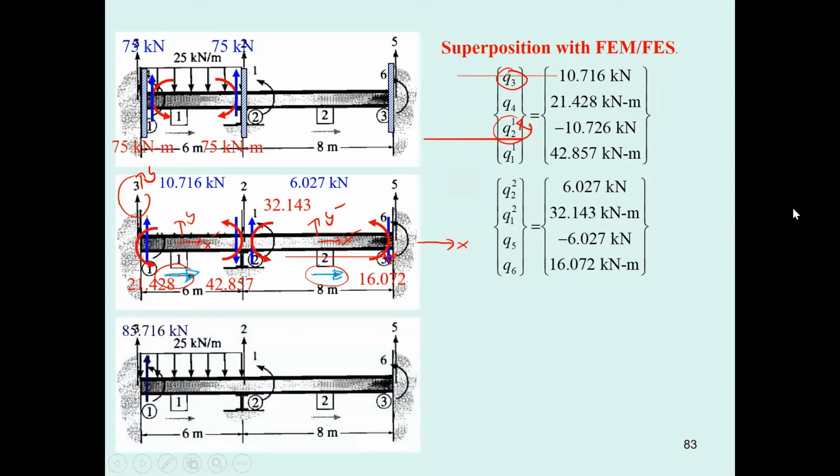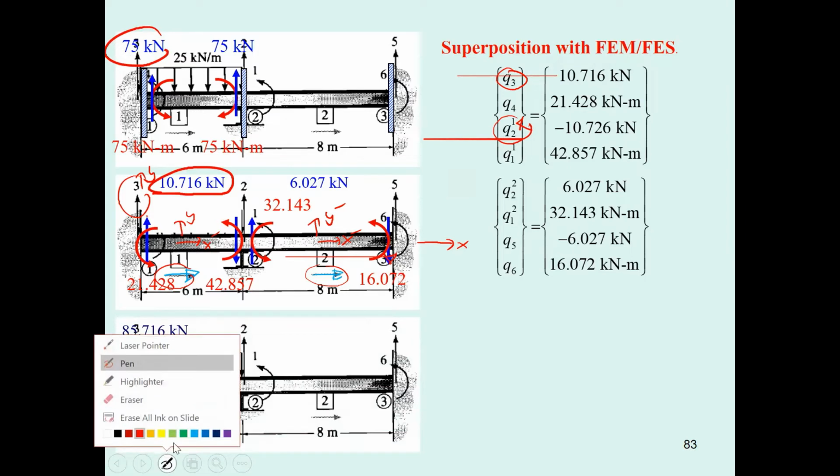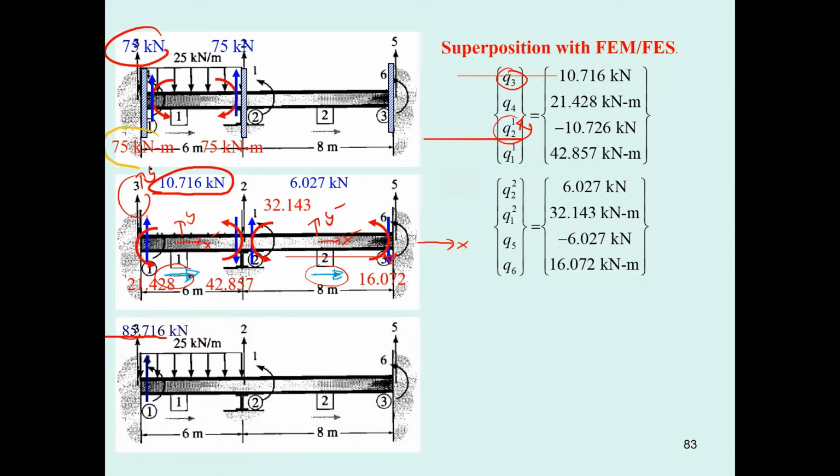Okay, the first one, you have what? This one and this one, you have 85.716. And then you combine this one in this direction with this 21.428. You got 96.428. Now 72 upward, and this one is downward. Gonna deduct 75, and then you have up, and this is not correct.